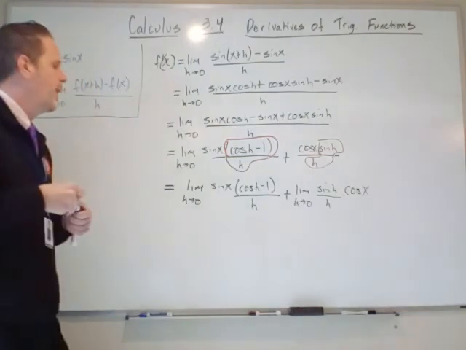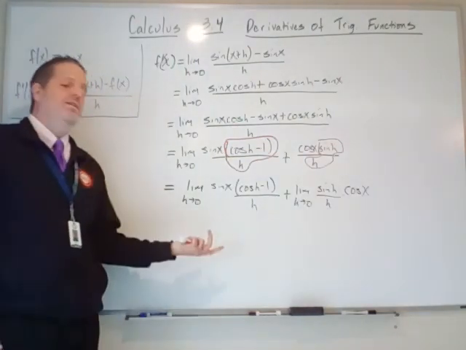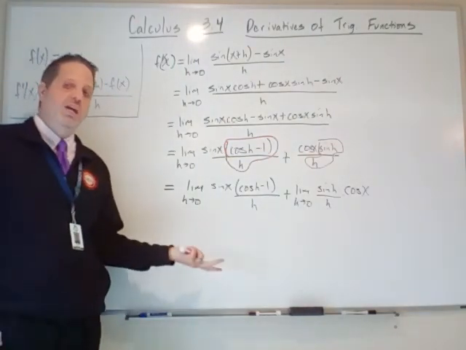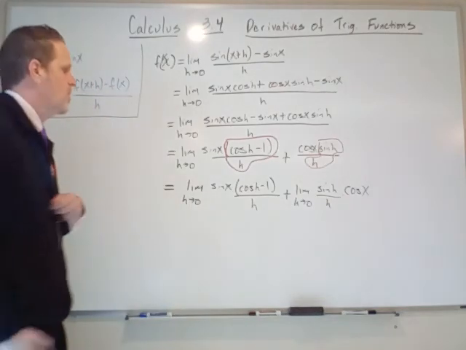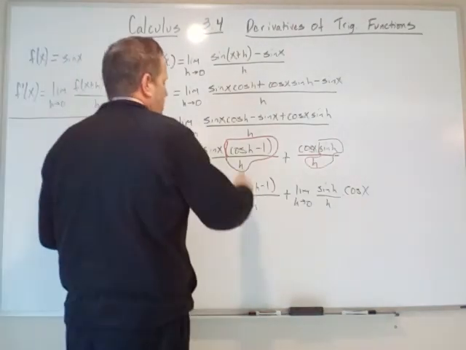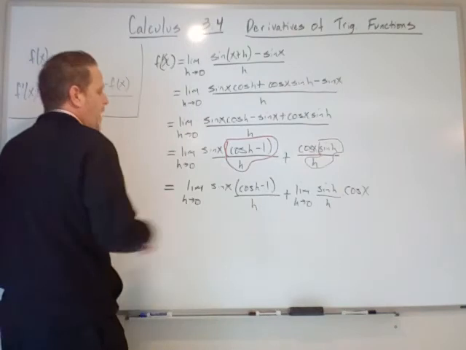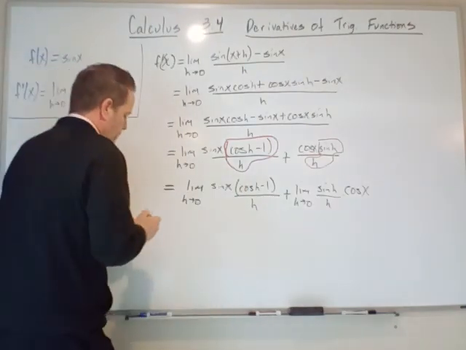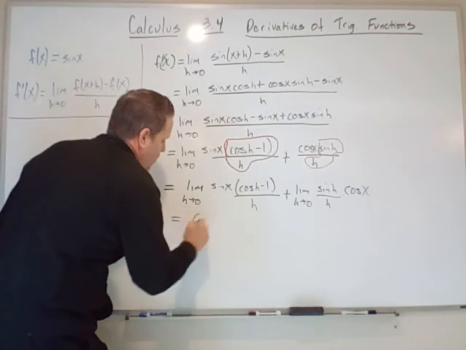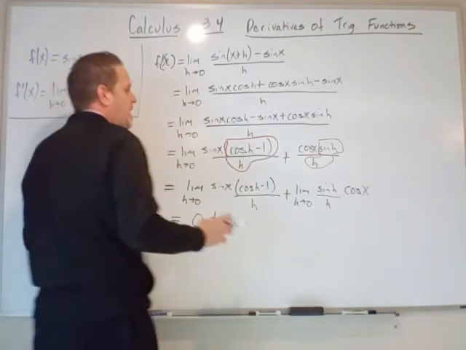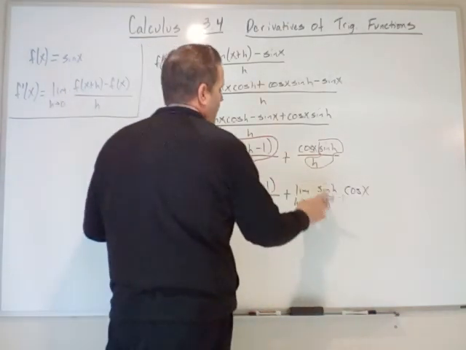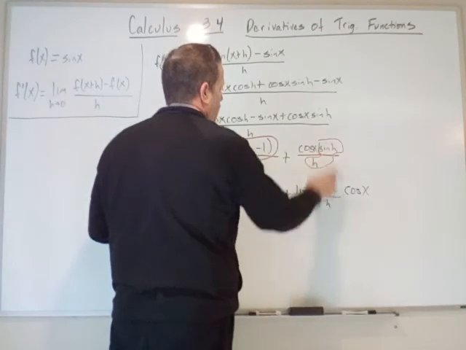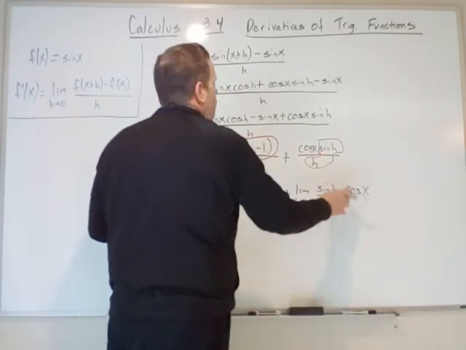Now at this point, h is what's changing, because h is approaching 0. And as we said, by a theorem from limits with trig, this is 0, so this first term is gone. So we end up with 0 plus, and here you should recognize sine h over h, as h goes to 0, is 1, times cosine x.